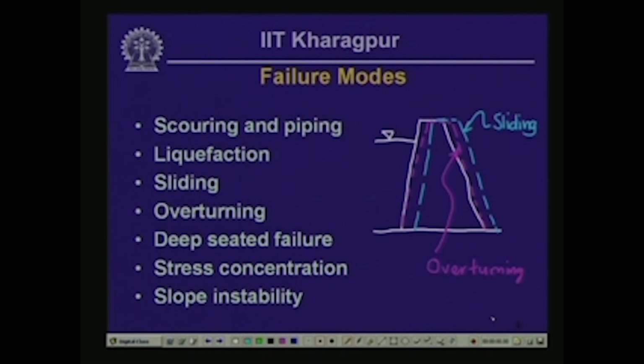Then there could be distress because of stress concentration when the dam tries to transfer the load to the underlying soil or bedrock. The stress could become too high and that might trigger failure, or it might trigger inordinately large deformations, or there could be slope instability like this.